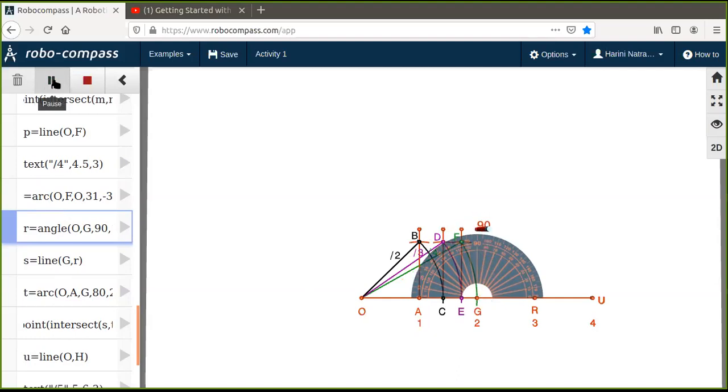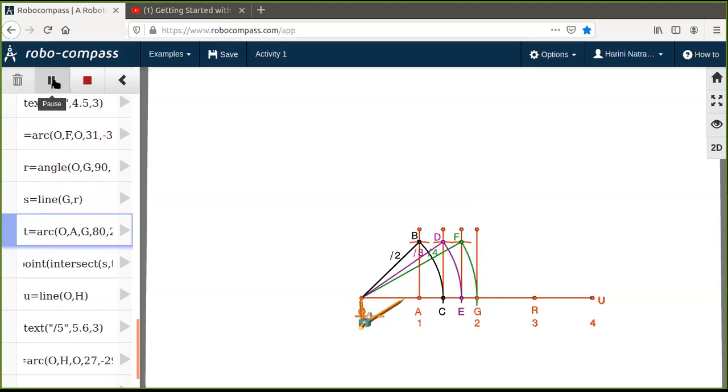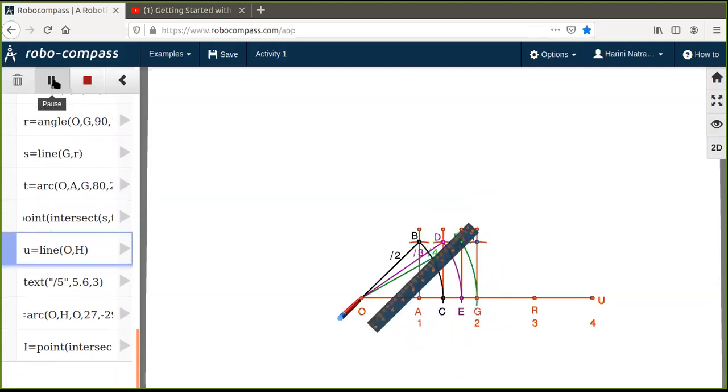So again, you see at G, I am constructing the 90 degrees. The next step, you should be aware now, I'll take the length OA in my compass, keep the compass at G and cut the arc. Now that point of intersection of the arc and the line, I mark it as some H, let me say. Then I will be joining the H and the O. As usual, I will take that radius in my compass as OH.